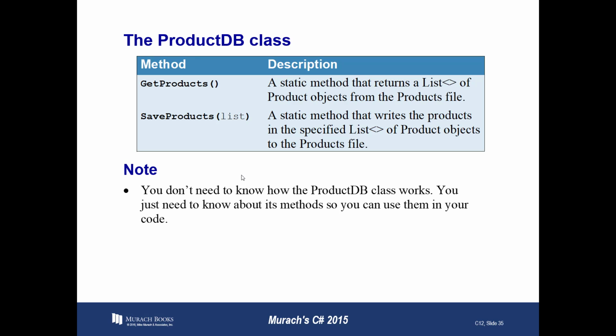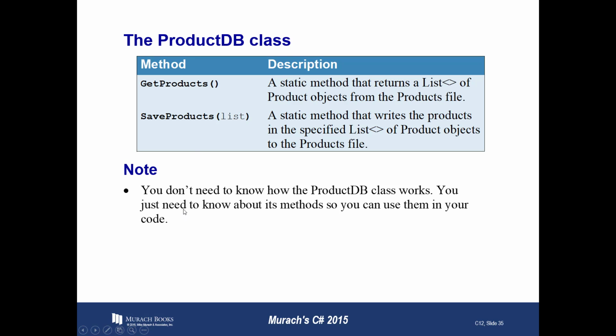We've got a GetProducts, which will return a list of all the products that are in the file or database or whatever, and a SaveProducts. Notice they're both static methods. One returns or gets a list of products. One writes a list of products to a file.